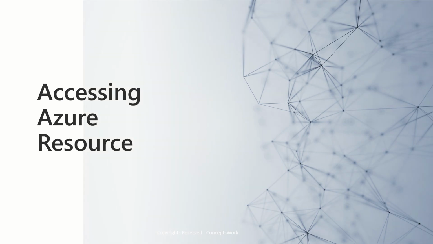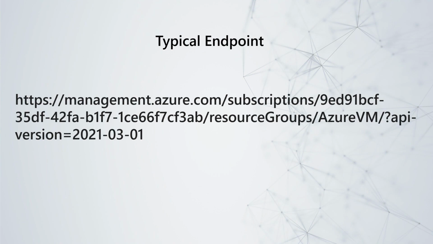Now see, typically there is a specific endpoint that you have to reach for a specific resource type. If I talk about this particular example, I'm trying to access a resource group, which is an Azure VM. But then there are so many other components as well. For example, https://management.azure.com will remain constant if you're trying to access any resource that is available in your Azure subscription.